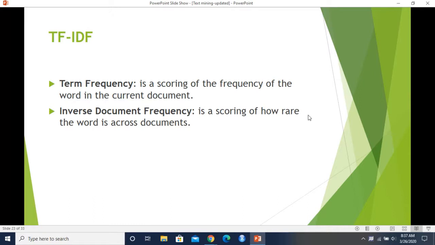The inverse document frequency is a scoring of how rare the word is across documents. The scores are a weighting where not all words are equally as important or interesting. The scores have the effect of highlighting words that are distinct and contain useful information in a given document.